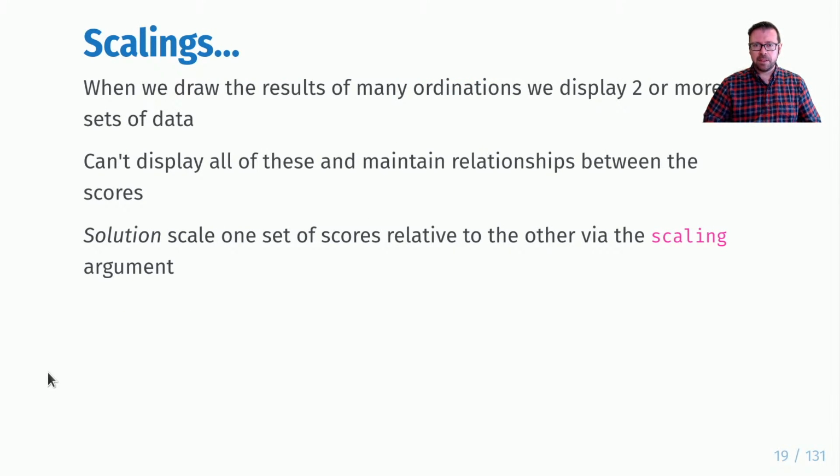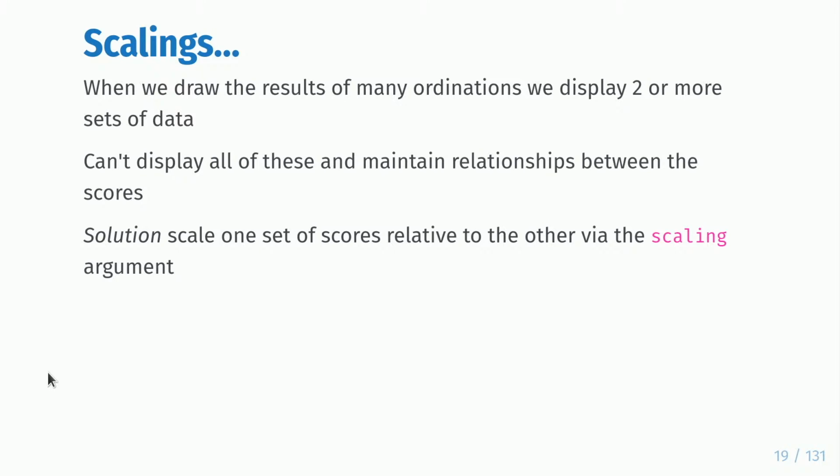Okay, and then scalings. We've got lots of bits of information that we might want to show on these ordinations. You might be showing 2 or even 3 things if you're trying to show the species, the sites, and the environmental variables all in one go. And we can't possibly show all of those things without distorting the relationships among them and between them for some of them. And so what we often will do is we'll decide what we want to focus on in the plot, and we will scale the diagram accordingly.